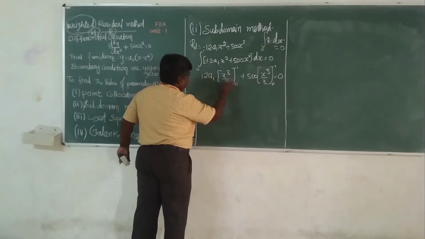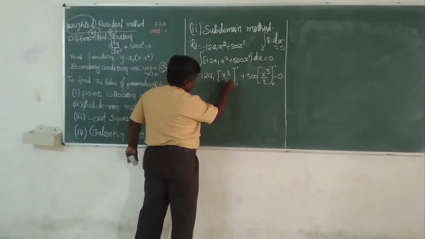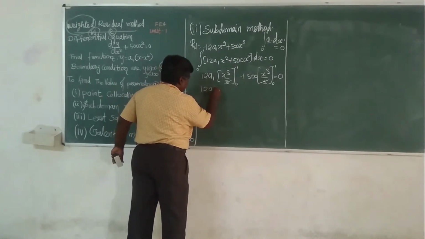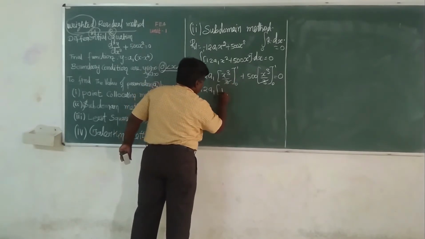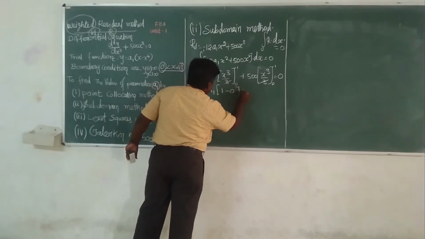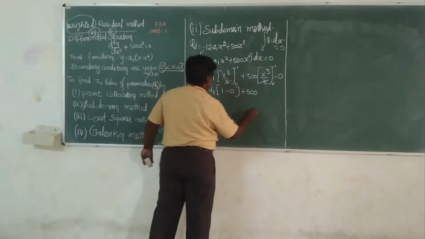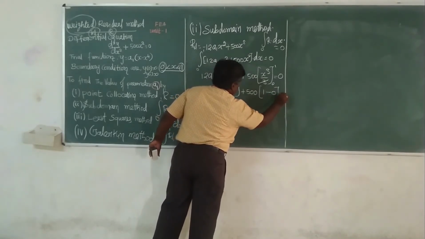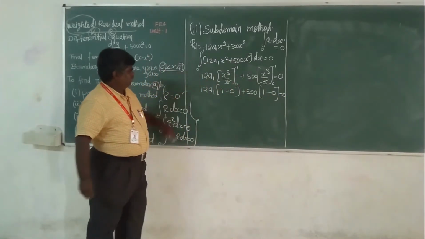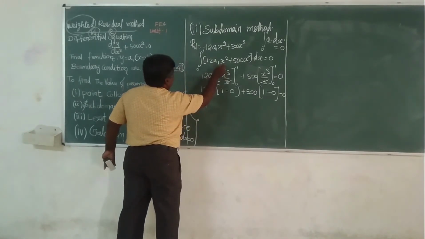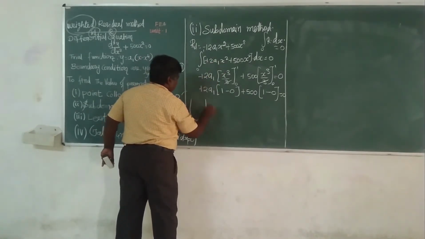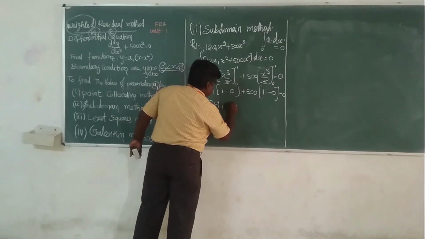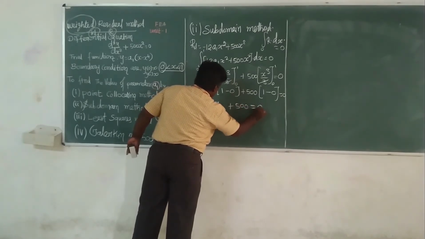Now substitute the limit values. Before that, the common term can be eliminated. So -12 a1 (1 - 0) + 500 (1 - 0) = 0, that is, -12 a1 + 500 = 0.